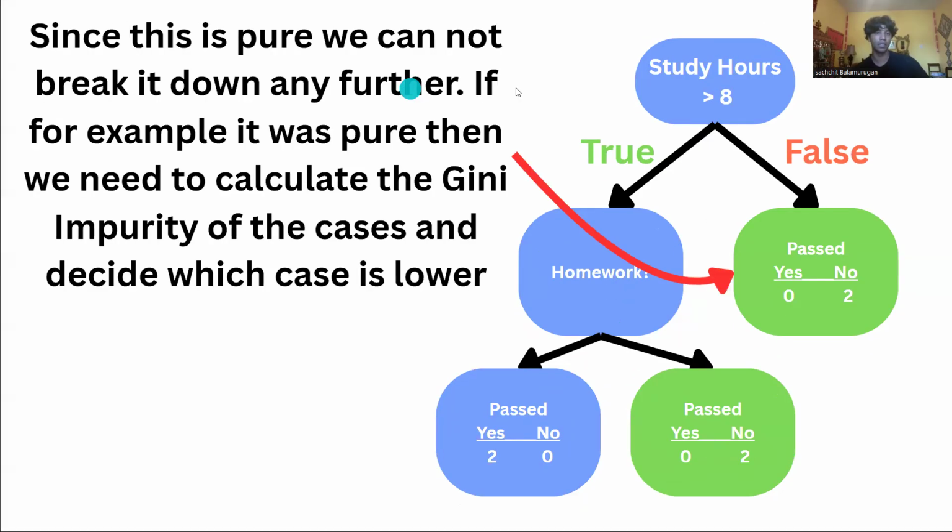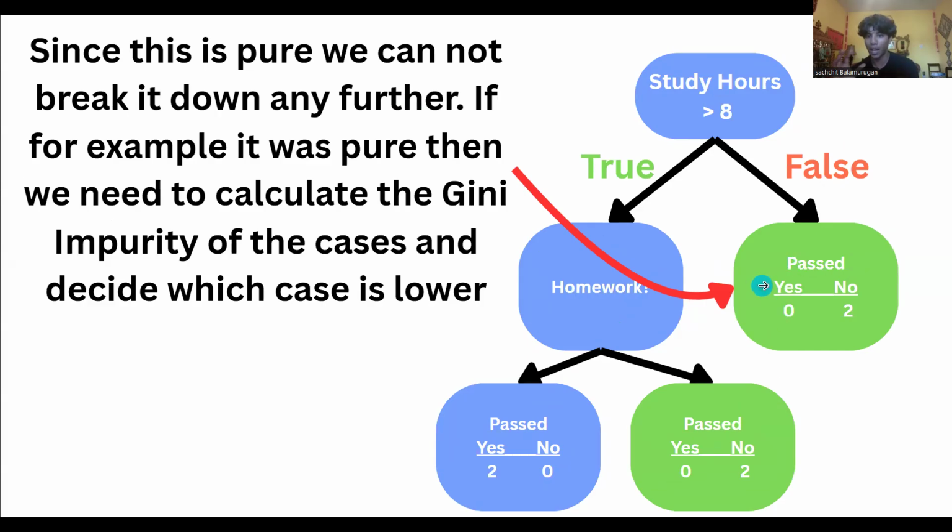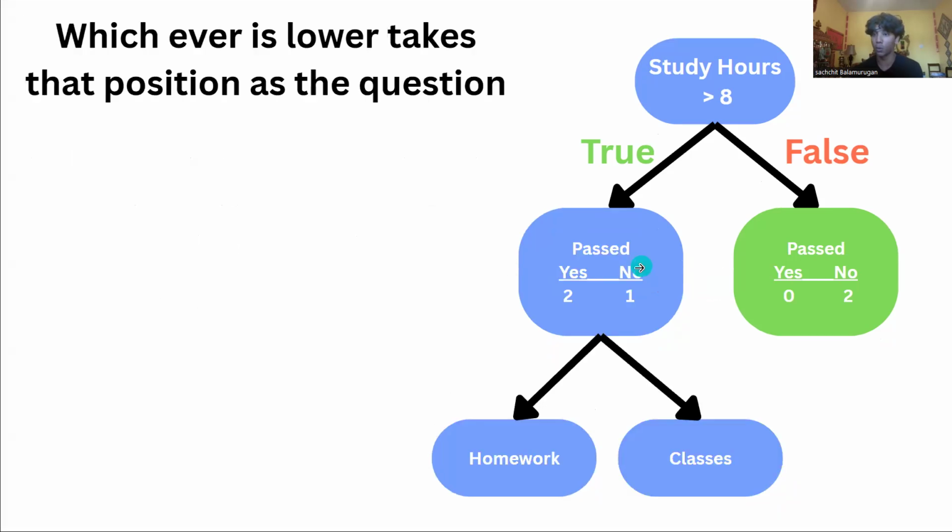Okay. Since this is pure, we cannot break it down any further. If you notice here, we keep asking these questions until the leaves cannot be broken down anymore. Since this is pure already here, we don't need to break it down any further because there's no need to. And it's impossible to, right? But if you notice before, this homework was not pure, right? There's 2 and 1.